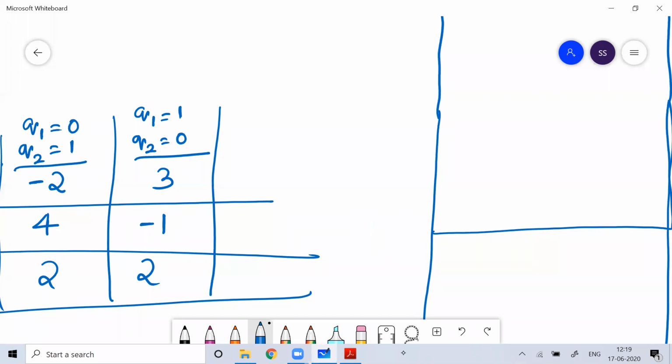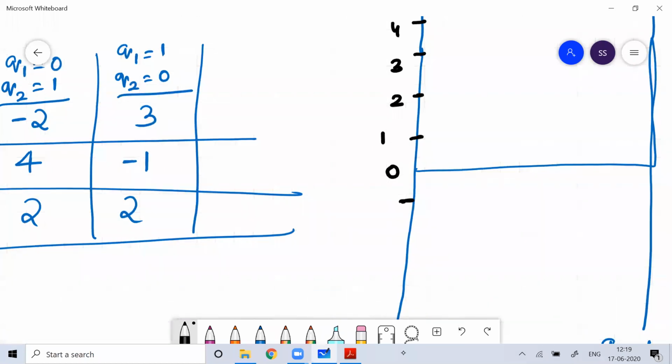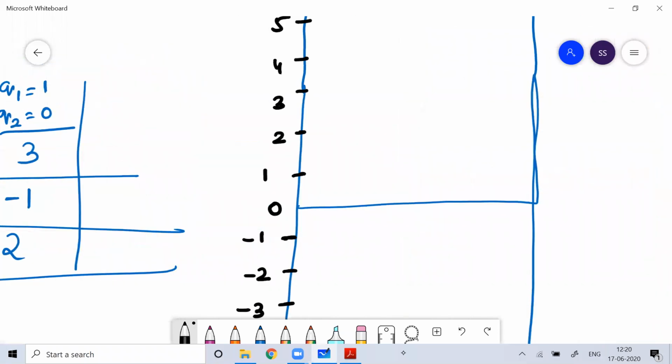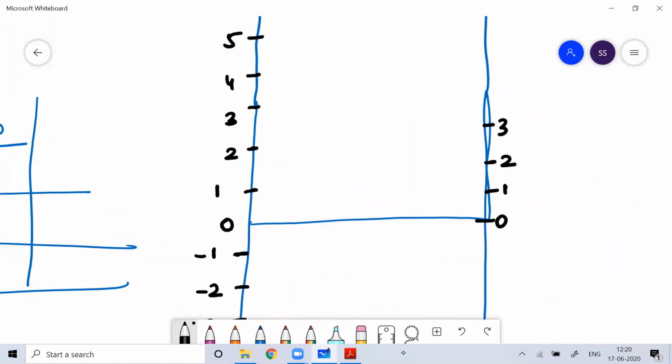Put this as 0, this is 1, this is 2, this is 3, this is 4, this is 5, this is minus 1, this is minus 2, this is minus 3. This is 0, this is 1, this is 2, this is 3.